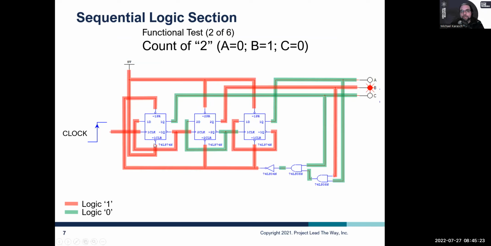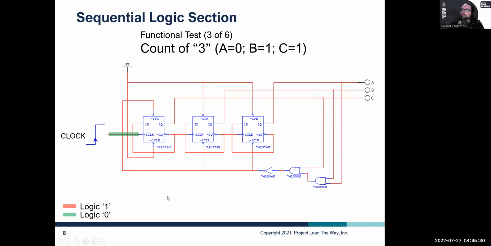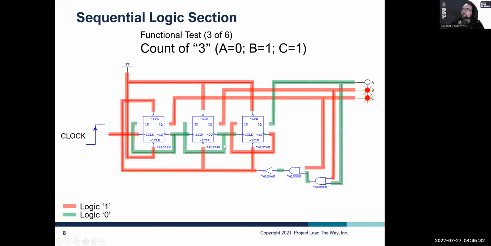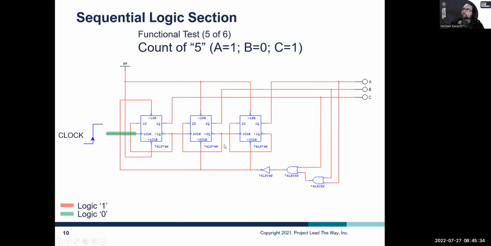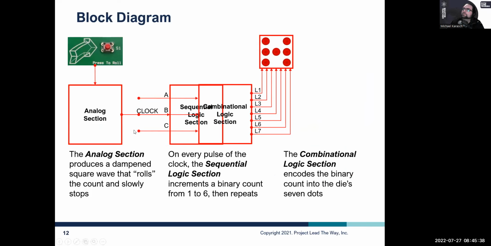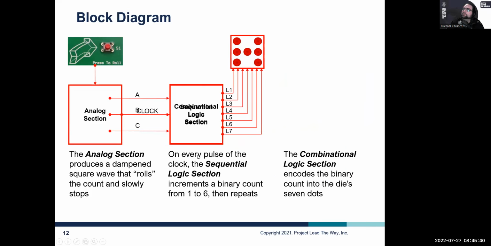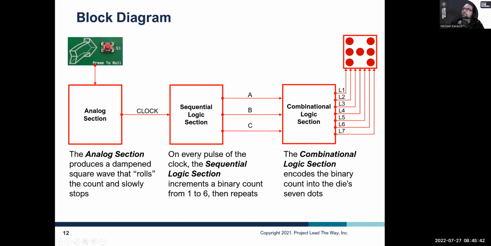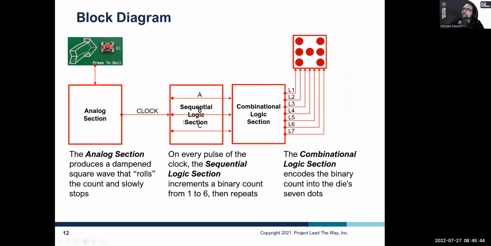You guys built your 4-bit counter. You saw it do its thing. We're not going into what's happening at each stage yet. Look at that amazing animation. So we did this counter.